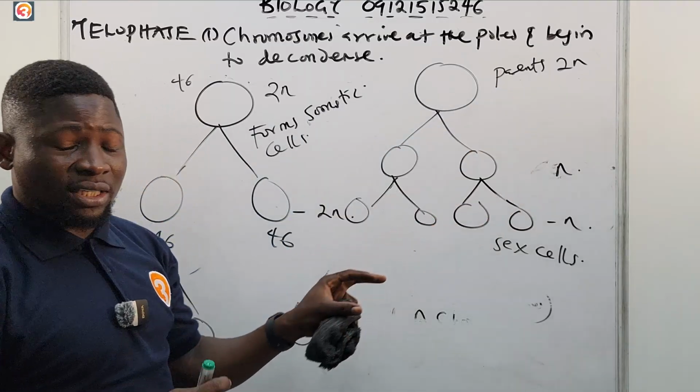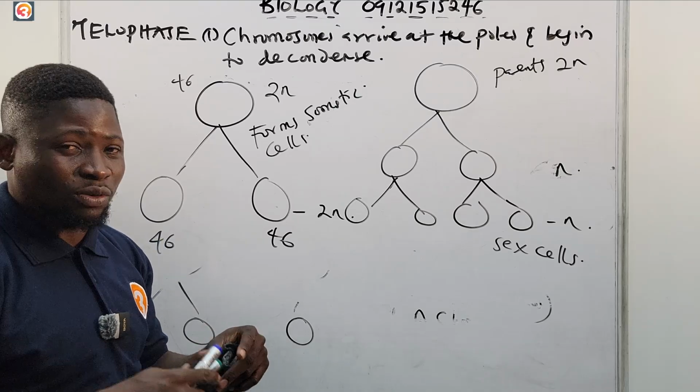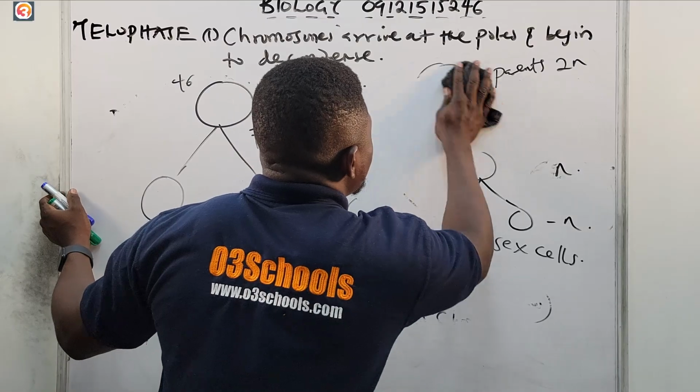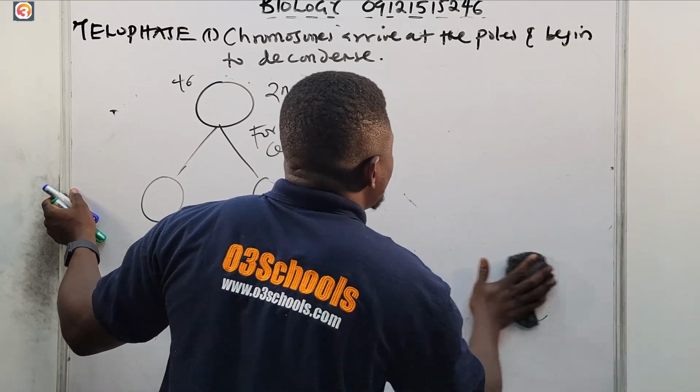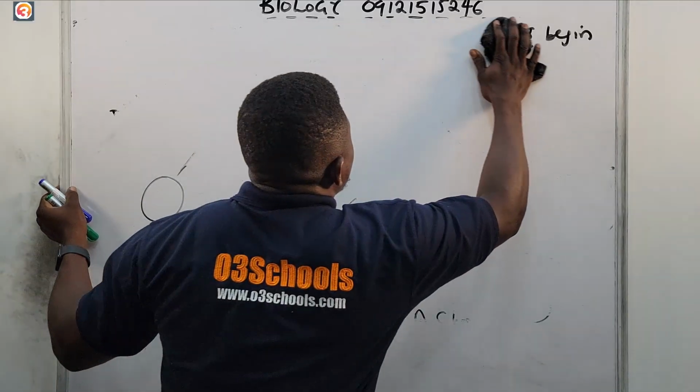But in the second phase, we have mitotic division. Mitosis happens. So let us quickly look at these 2 phases in meiosis, and we are done with the class.